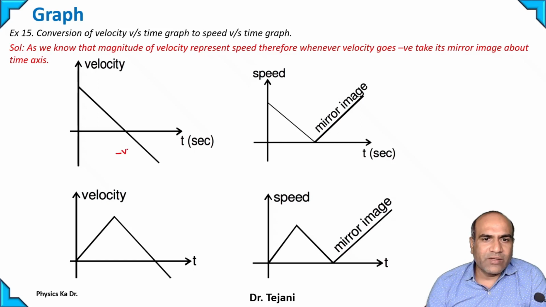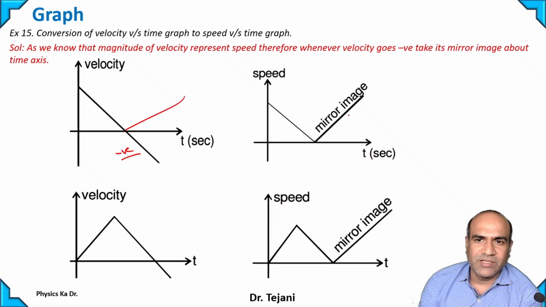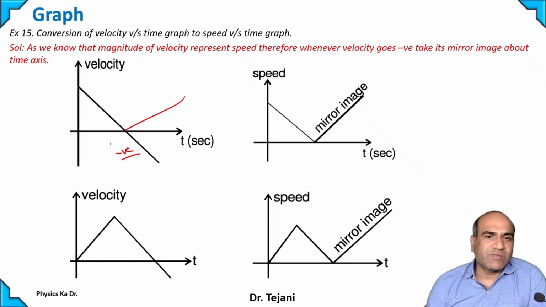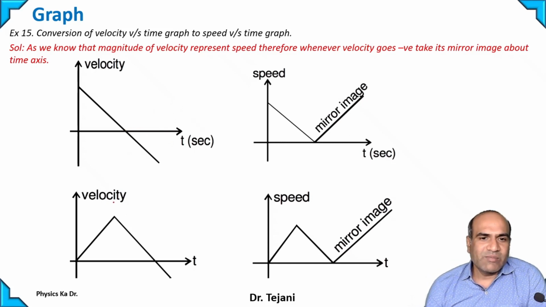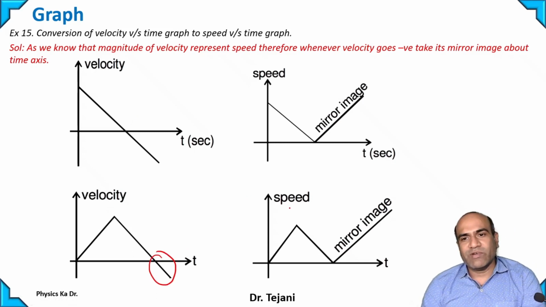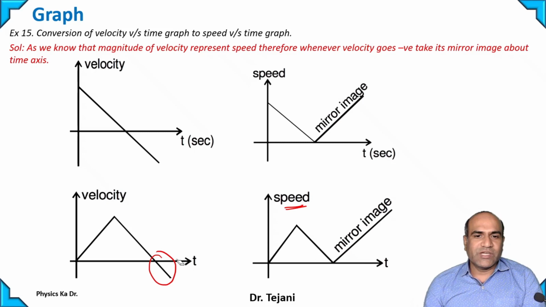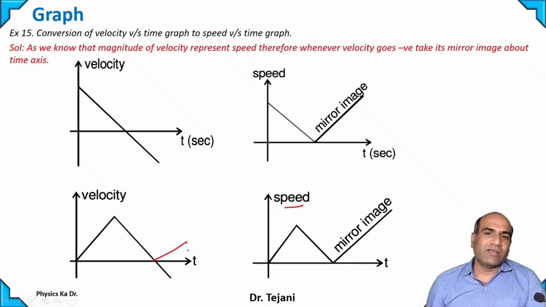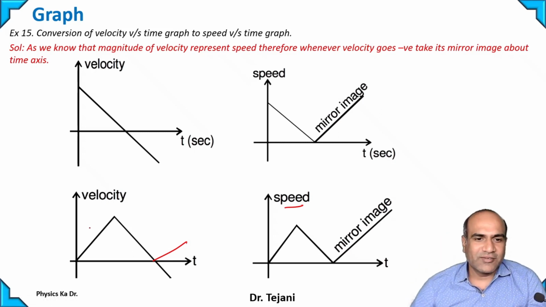So you just flip the direction like a mirror image, and it gives a speed graph. Similarly here, velocity cannot be negative when we talk about speed, so you just need to flip this graph. It's okay with this. Let's go further.